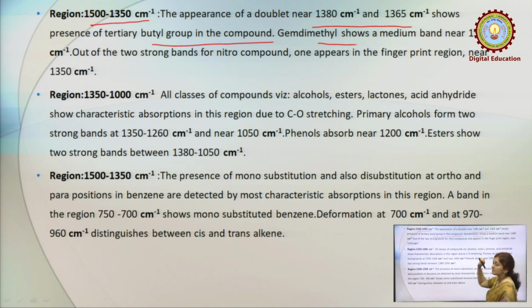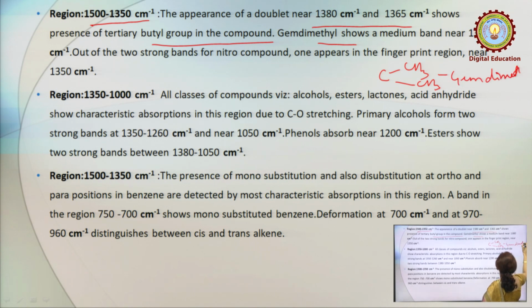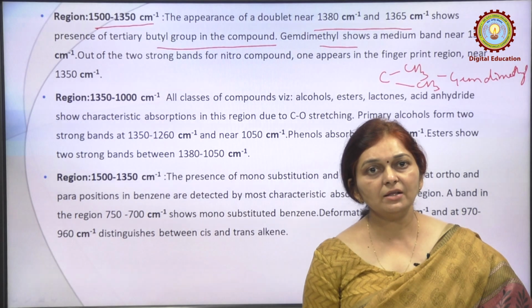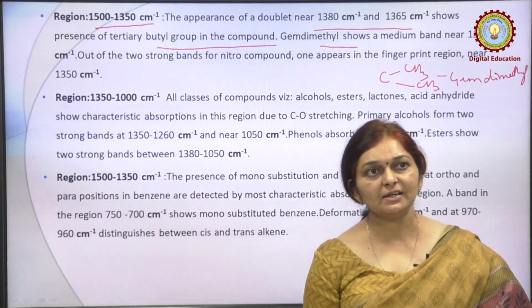Gem dimethyl means the same carbon to which two methyl groups are attached. This gem dimethyl shows a medium band near 1380 cm⁻¹. Out of the two strong bands for nitro compounds, one appears in the fingerprint region near 1350 cm⁻¹.